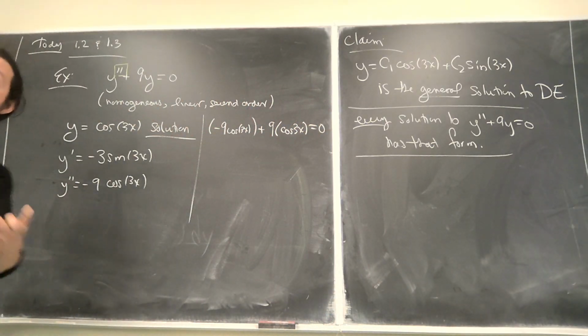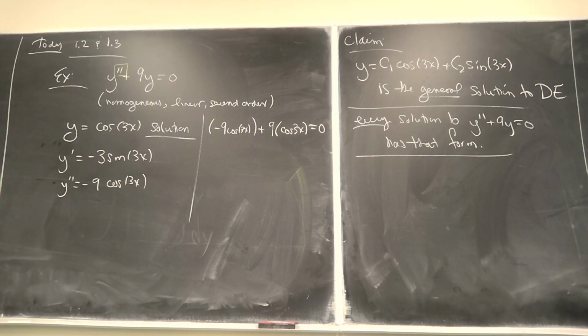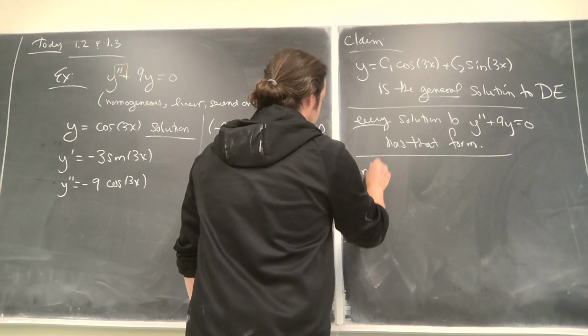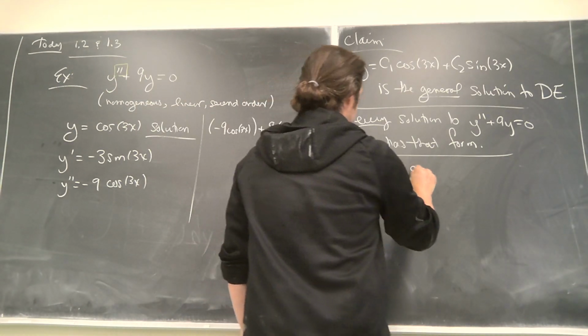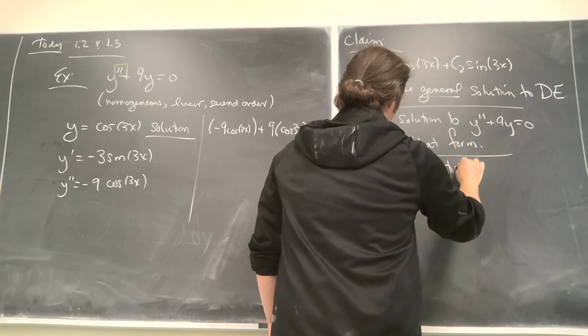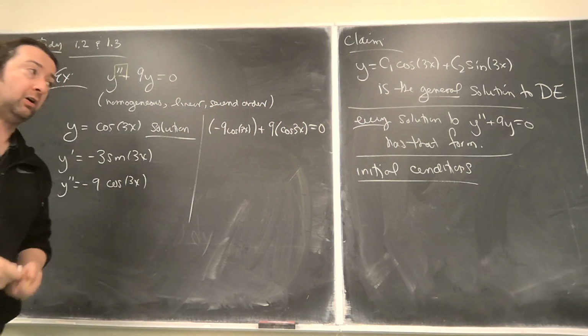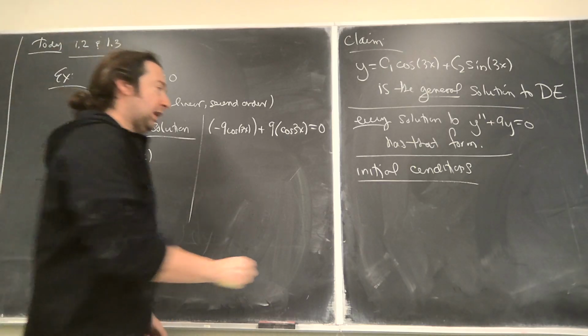Now, there may be circumstances where I give you more information. So I could also give you an initial condition or a set of initial conditions. And if I give you initial conditions, what I create is something called an initial value problem, an IVP.